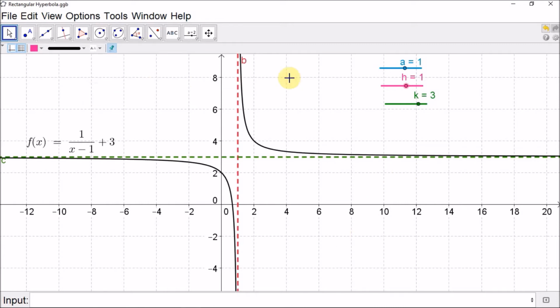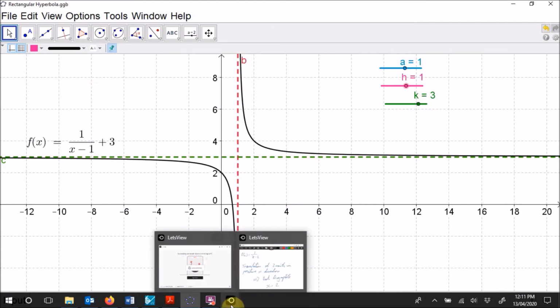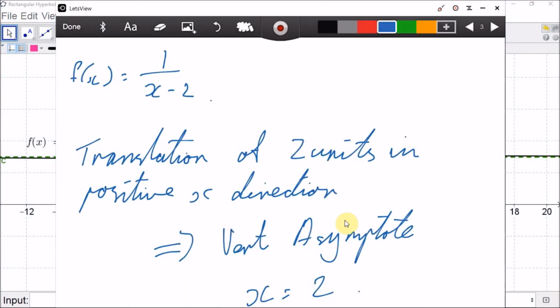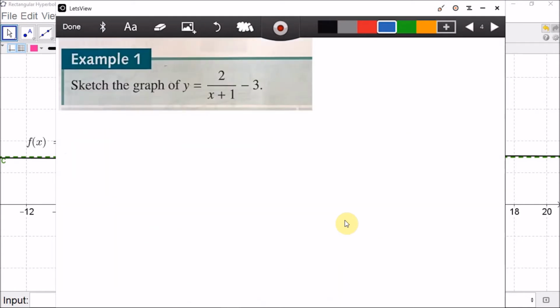Let me have a look at an example. Here we go. Sketch a graph of y equals 2 over x plus 1, minus 3. We can get a couple of things from this straight away before we go any further. First of all, from the x plus 1, when that equals 0, take 1 from both sides, x would be equal to -1.